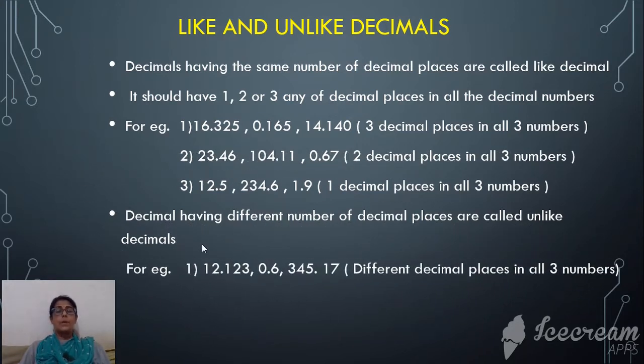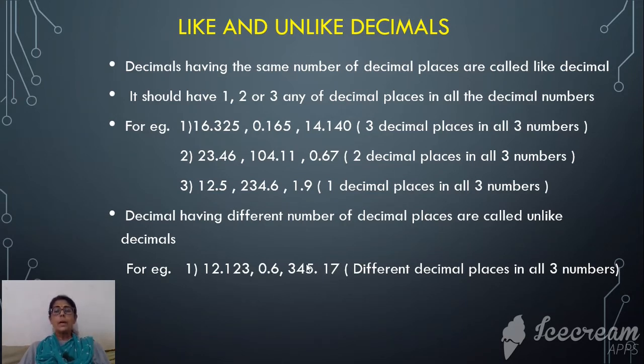Say for example here: 12.123, 0.6, 345.17. In 12.123, there are 3 decimal places; in 0.6, 1 decimal place; and in 345.17, 2 decimal places, right?